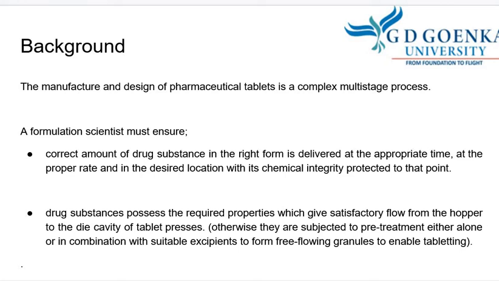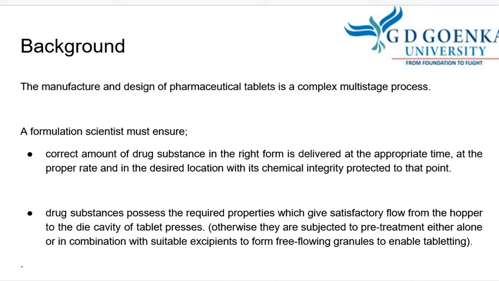This means there should be no change in the polymorphic form of the drug substance, so as to not influence the solubility of the drug substance and hence the bioavailability or clinical efficacy, and it should also be stable. That is, its chemical integrity must be protected to the site of absorption.